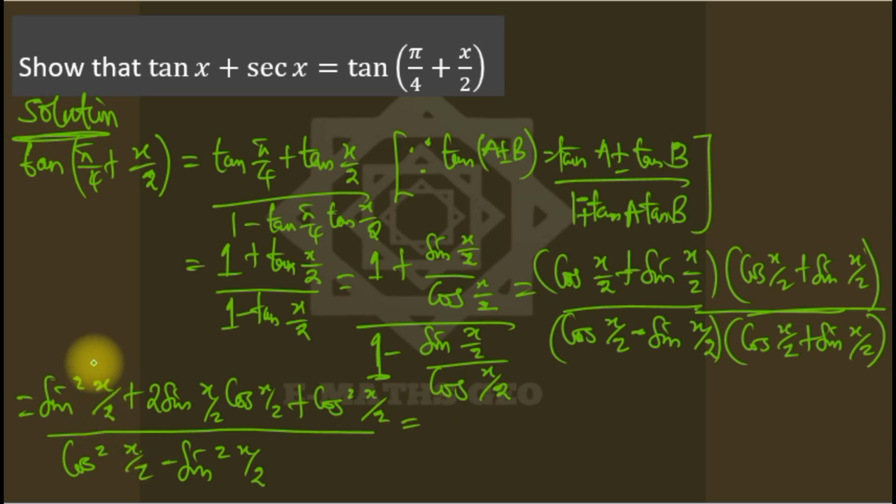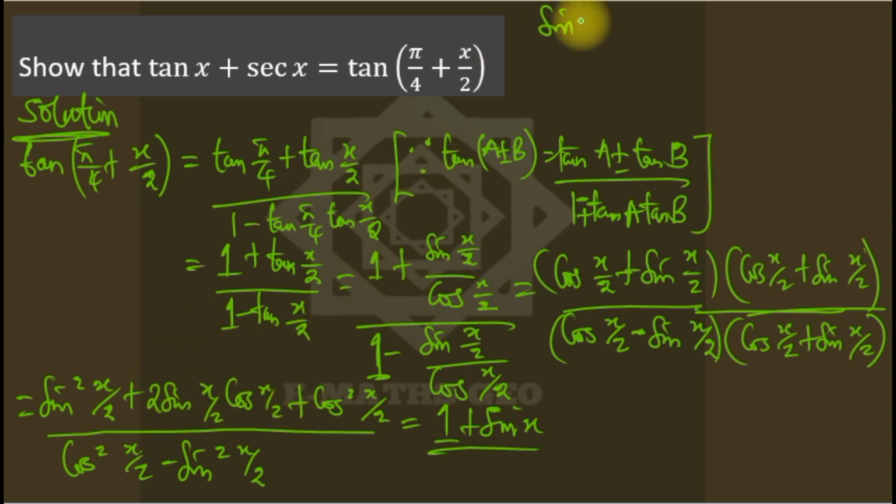And we know from the Pythagorean identity, if you remember, sine squared plus cos squared is 1. So this is 1. While from the half angle identity, 2 sine half x cos half x is sine x. That's from our half angle identity, if you could remember. Let me write it here.